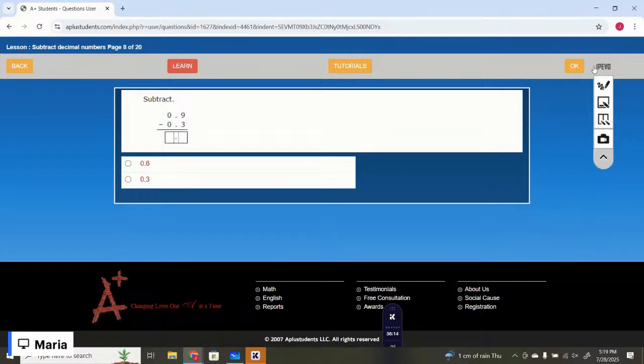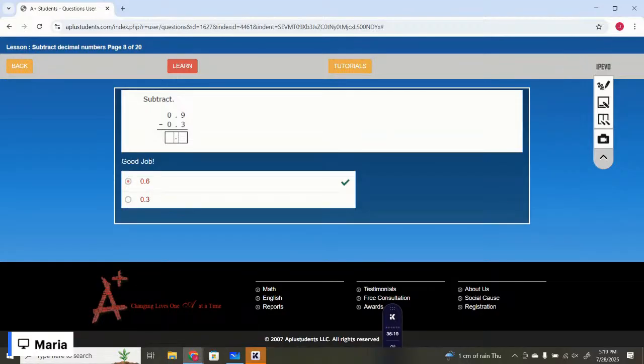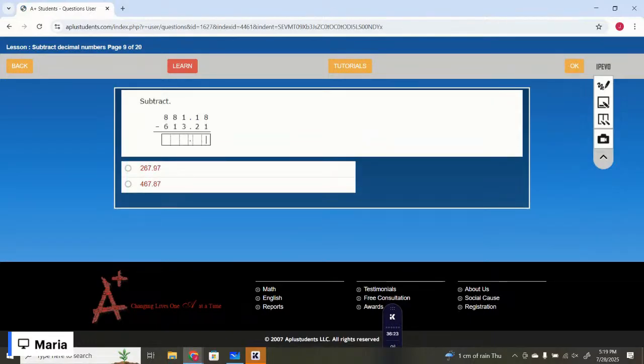That is option number 1. 0.6 it is. Option number 2 is the correct option.